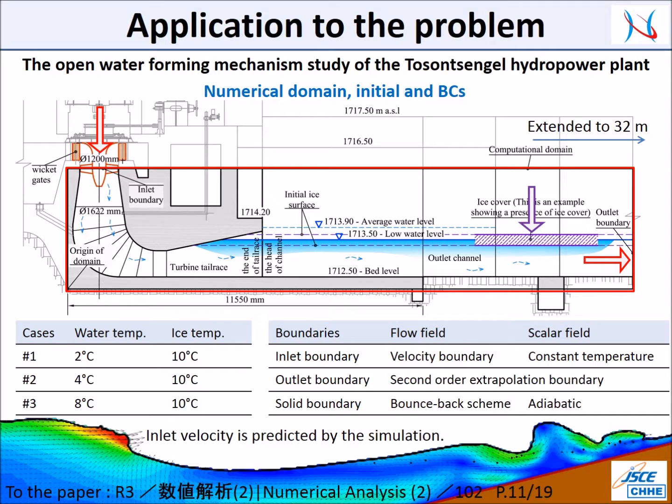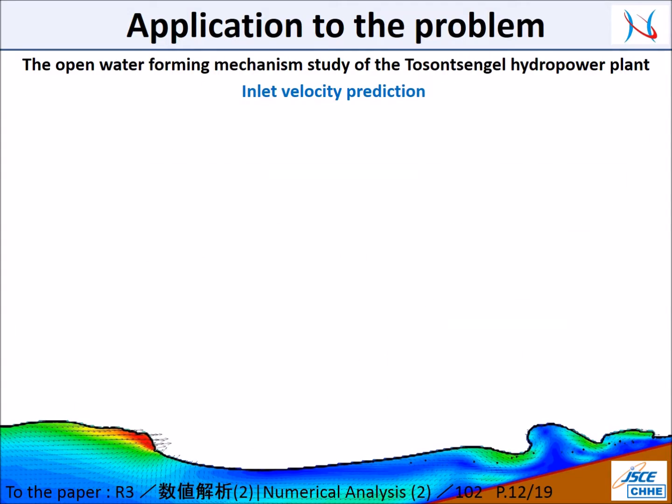We set the ice cover at the low water level, so we had to find the exact discharge to maintain the low water level, because winter flow data was not available at this moment.